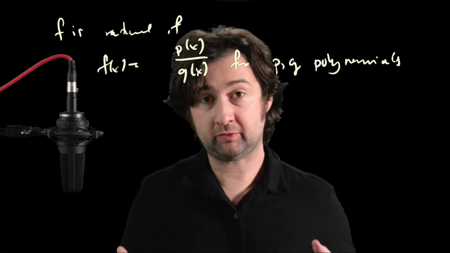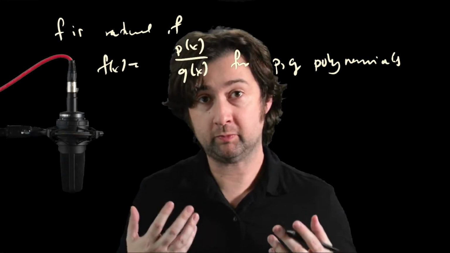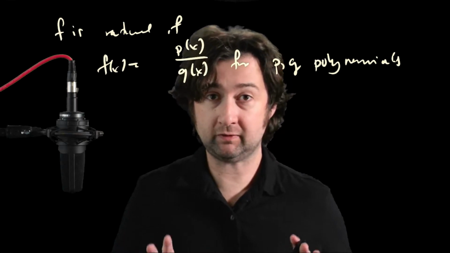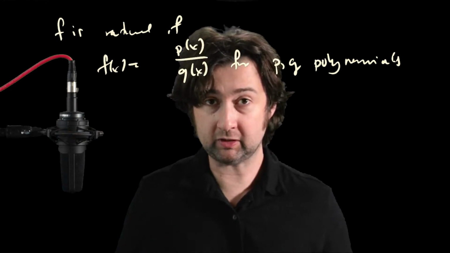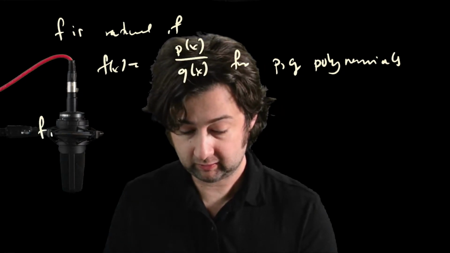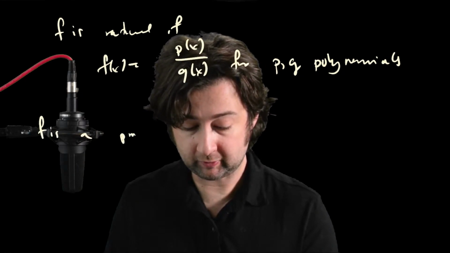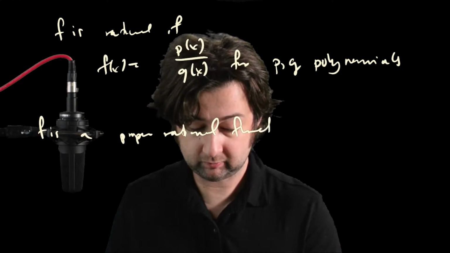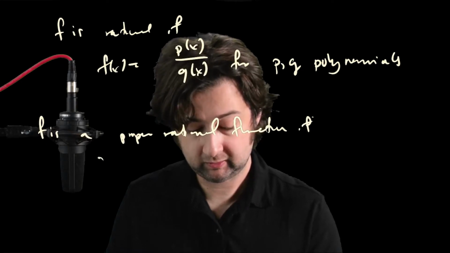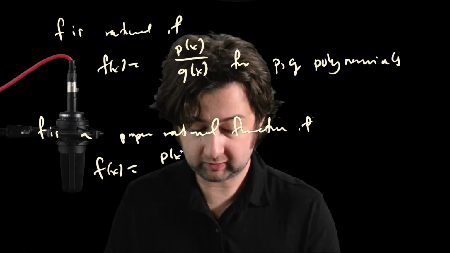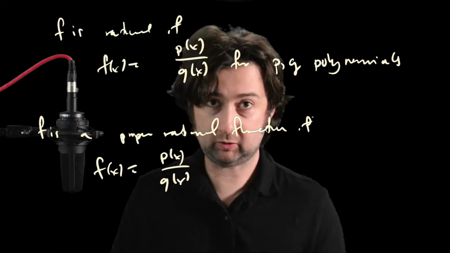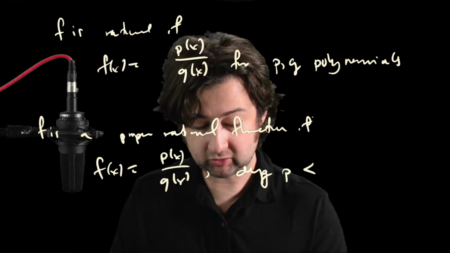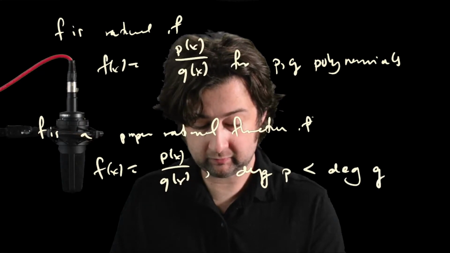The technique of partial fractions applies to rational functions that are what are called proper. So a proper rational function is one where the degree of the numerator is strictly less than the degree of the denominator. F is a proper rational function if f of x is equal to p of x over q of x, where p and q are polynomials, and the degree of p is strictly less than the degree of q.